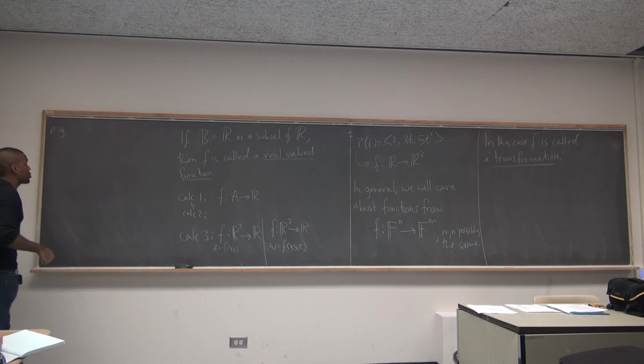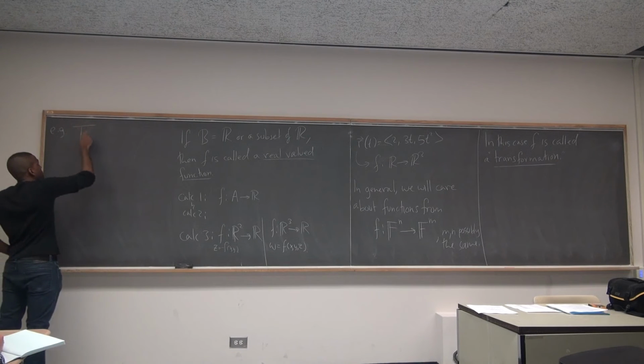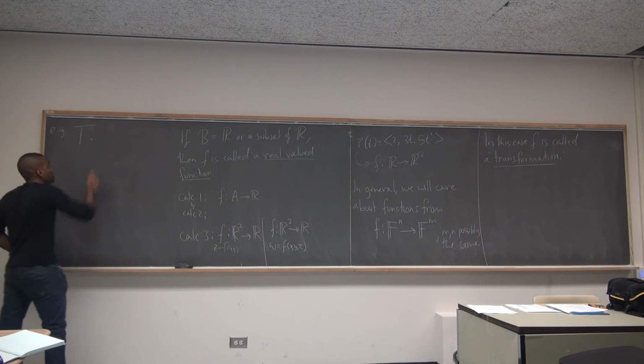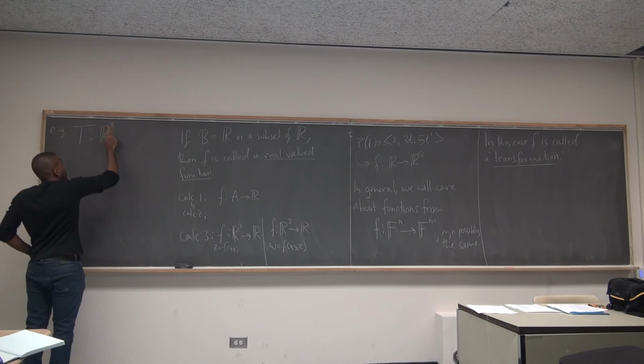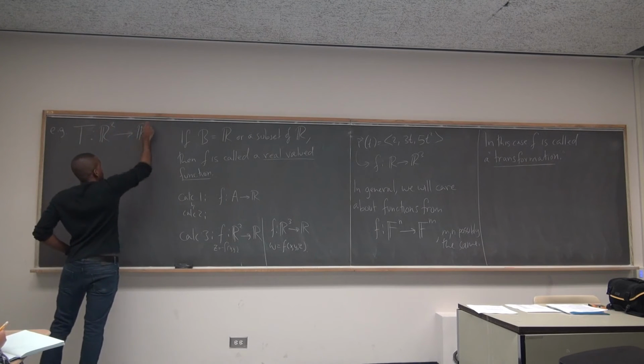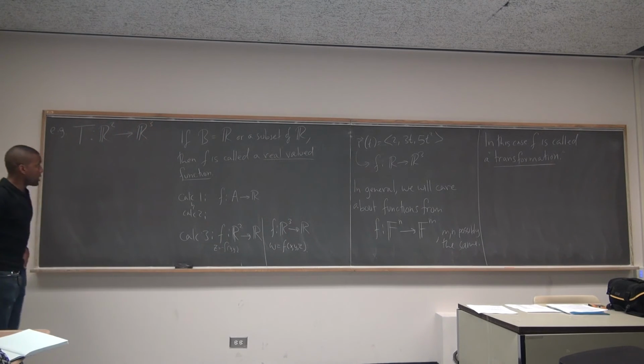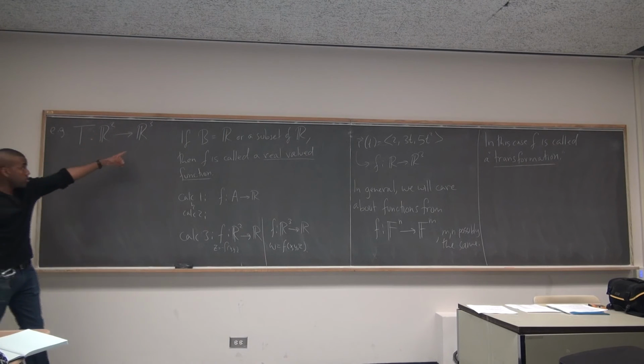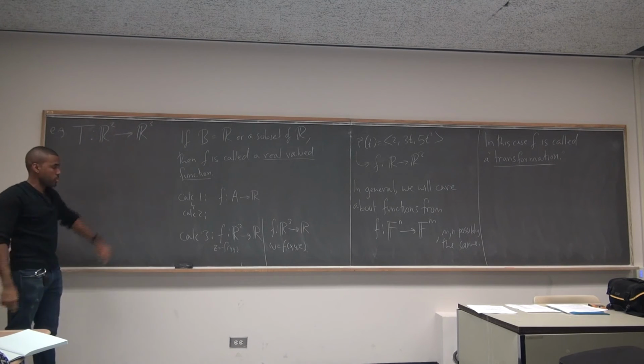So an example of a transformation. Let's say T goes from R2 to R3. So I'm going to take a function that goes from the 2-dimensional real vector space to the 3-dimensional real vector space.